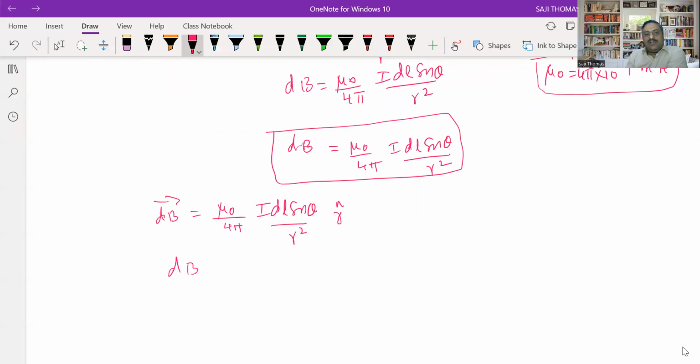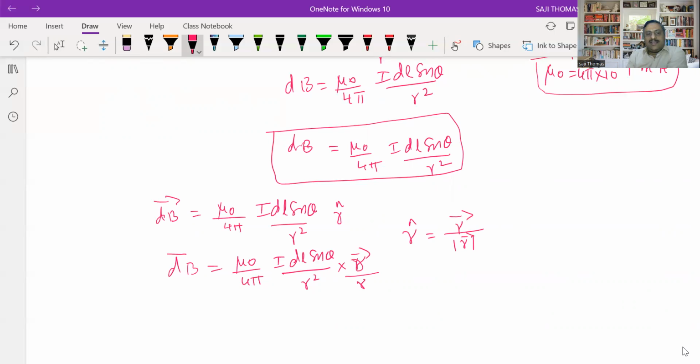You know this unit vector property, r hat equals r bar divided by modulus of r bar. So you can substitute r bar divided by r.